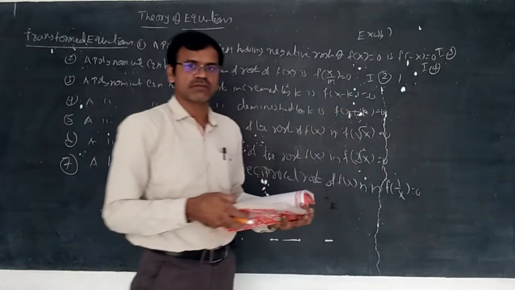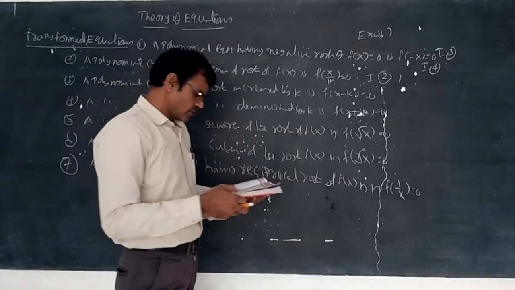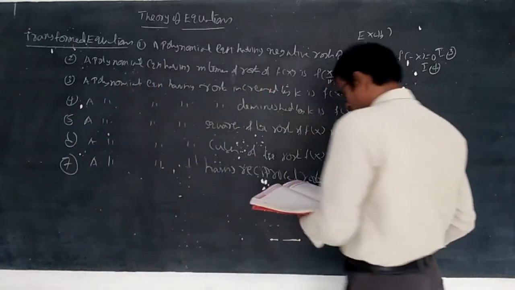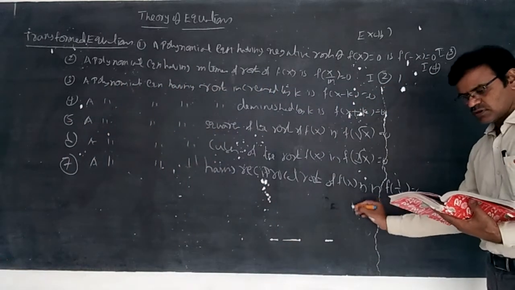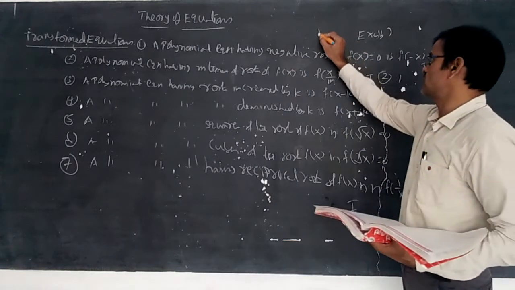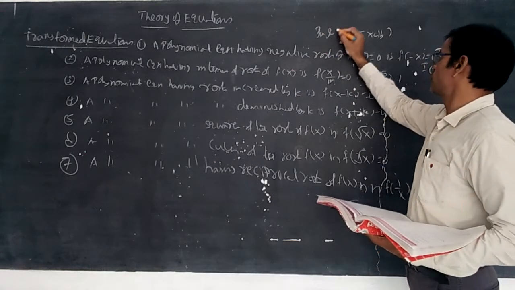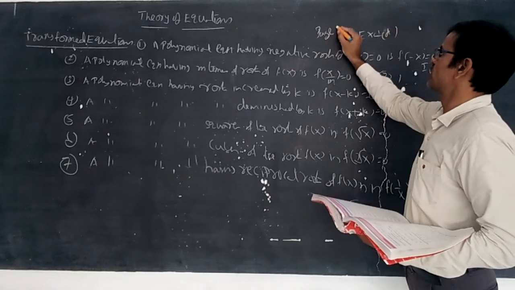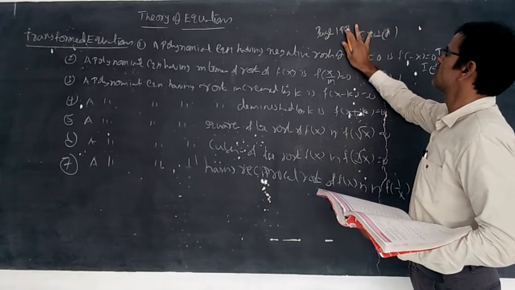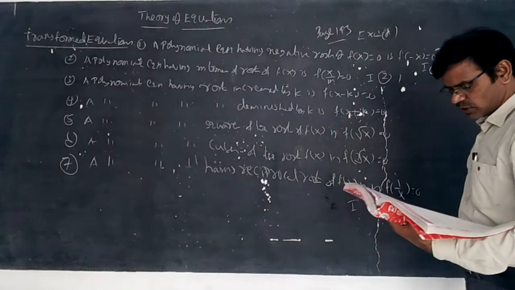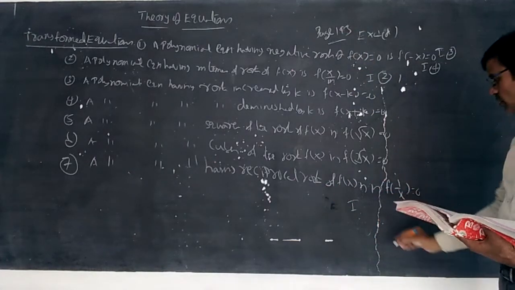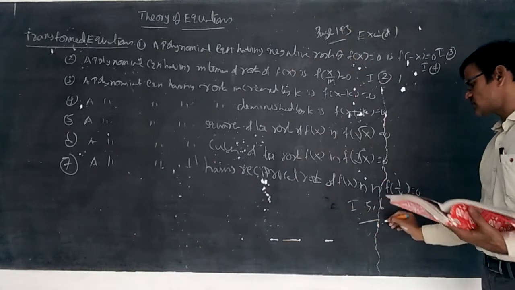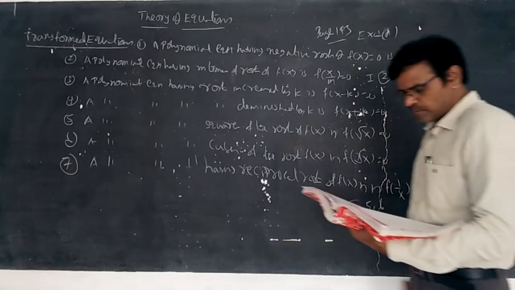Reciprocal means it is nothing but 1 by x. According to this, Roman number 1 in page 143, exercise 4D, questions 5 and 6 depend upon this formula.